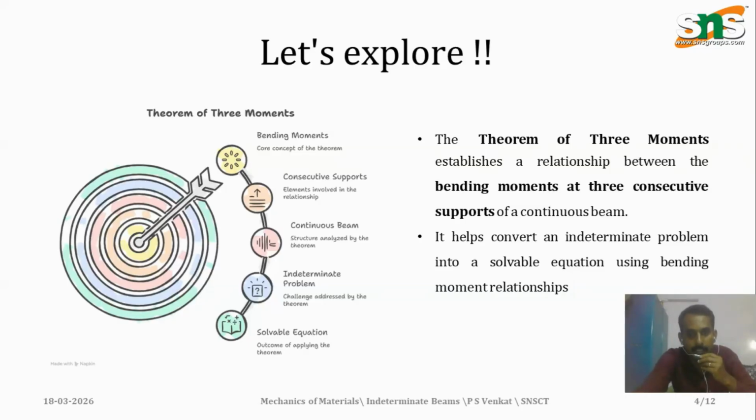And the key idea, it relates the span lengths, loads acting on spans, and moments at supports. So this theorem helps us to simplify complex indeterminate problems and solve them using a mathematical relationship. This is why it is widely used in advanced structural analysis for different structures.